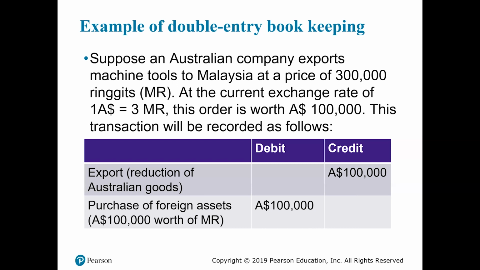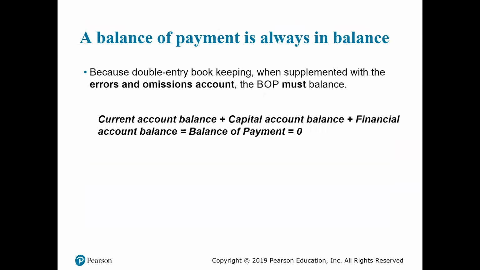Now, because of double entry bookkeeping, when we supplement with errors and omissions correctly, the balance of payment is actually always in balance. That's what we say here.